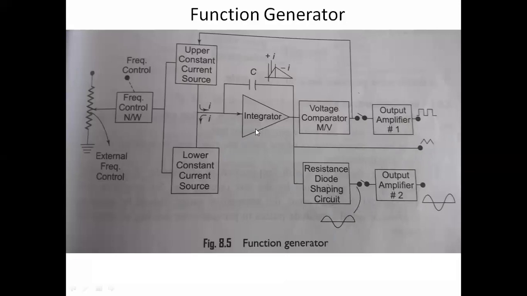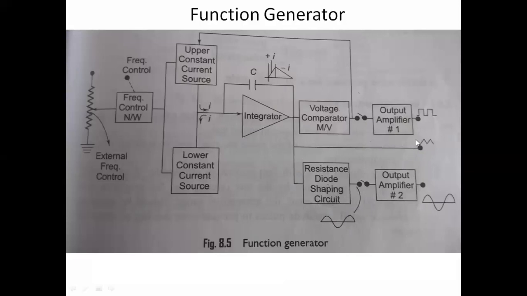The basic thing in the function generator is the integrator. By the integrator circuit, we can obtain the output voltage, which is the voltage across the capacitor, considered as the generation of the triangular waveform.